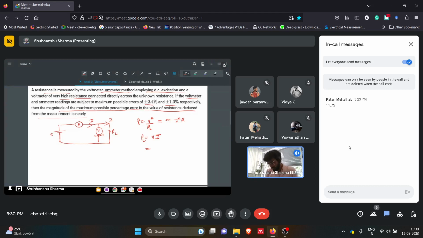So this VI is the power from the voltmeter and ammeter, and we have I square R here. So this will be VI by I square equals R.